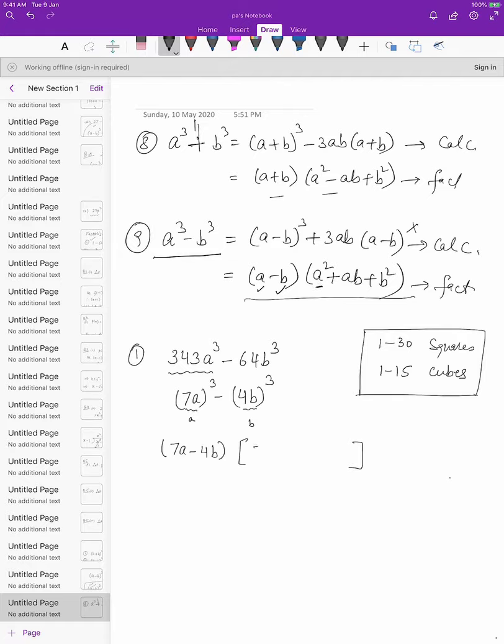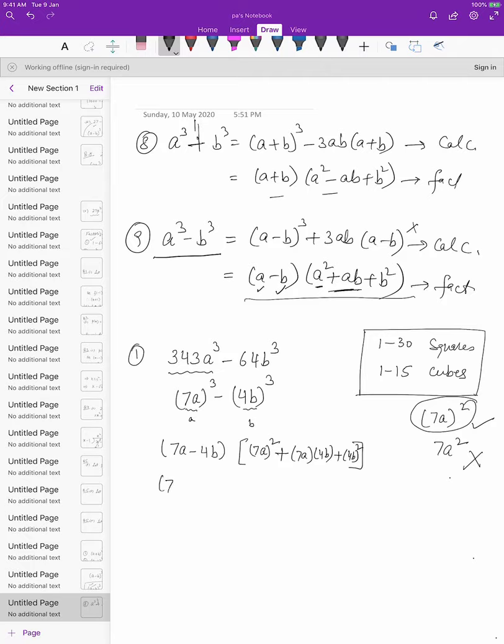In the second bracket, the first term is a square. So what will you write? 7a whole square. By now I hope you understand the difference between 7a whole square and 7a square. Every time I repeat it, that whenever I want to write whole square, you must put a bracket and then write whole square. This is a wrong way of writing a perfect square. Then plus ab, so plus 7a into 4b, and plus 4b whole square.